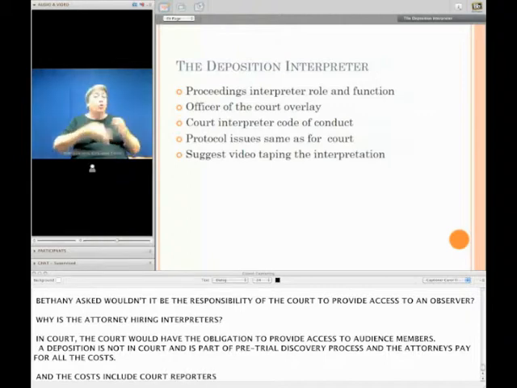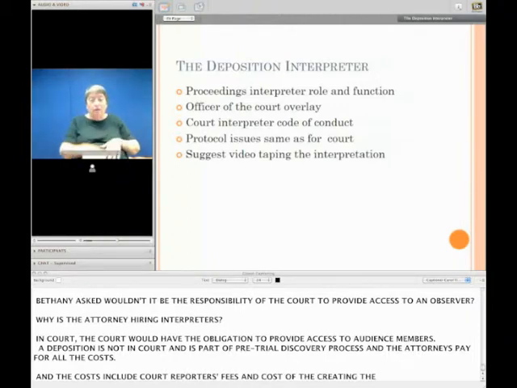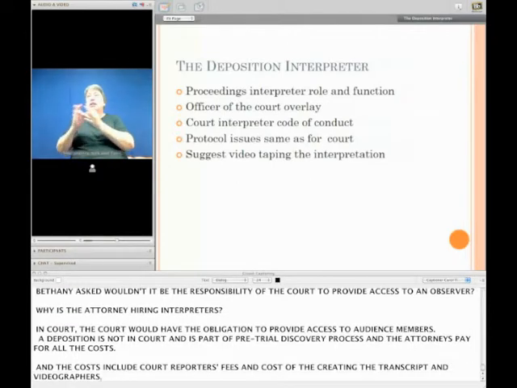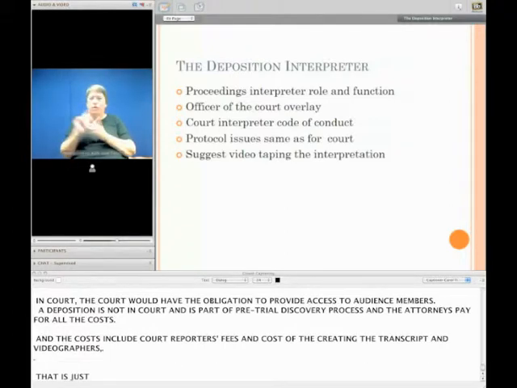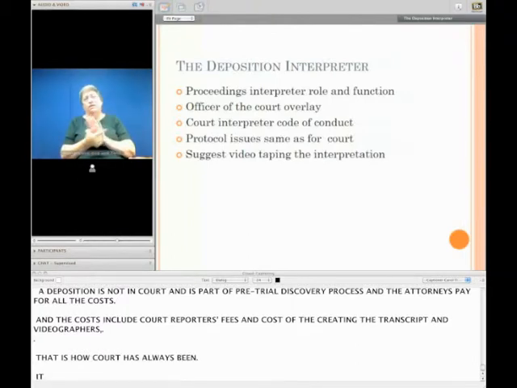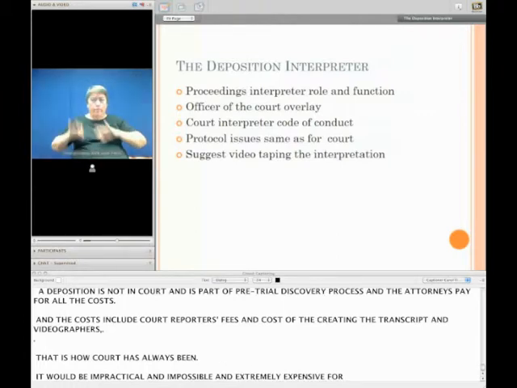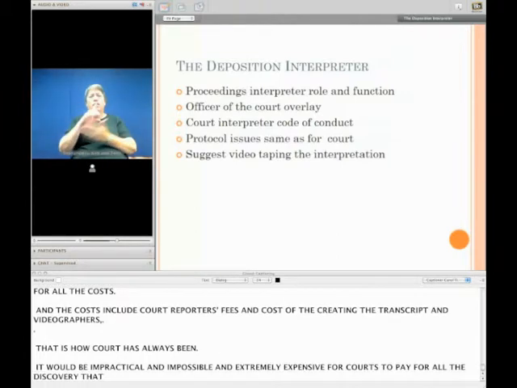They include the cost of creating the transcript, a videographer, interpreters. That's just the way it has always been. It would be impractical, impossible, and extremely expensive for courts to have to pay for all of the discovery that litigants in America go through each year.